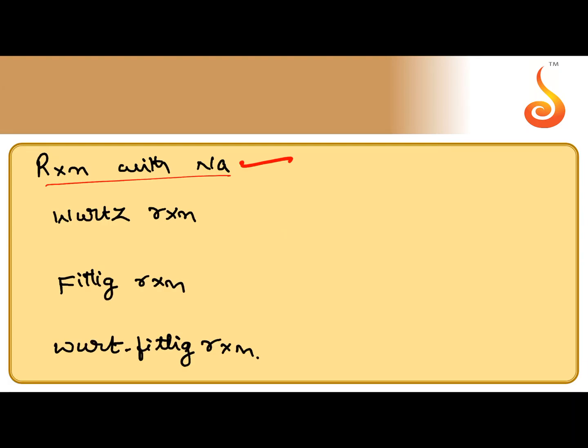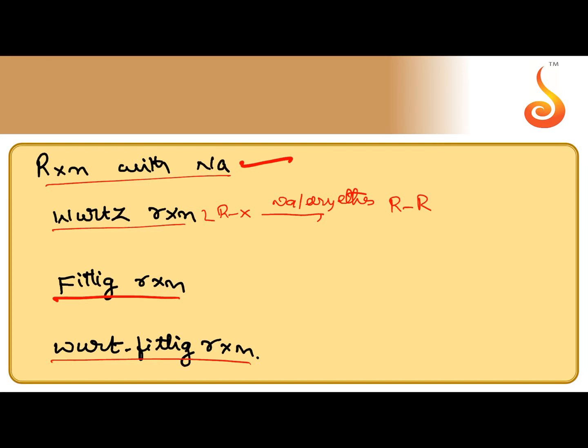Next one, reaction with sodium. Reaction with sodium has 3 types: Wurtz reaction, Fittig reaction, and Wurtz-Fittig reaction. When alkyl halides are reacted with sodium in the presence of dry ether, an alkane is obtained. That is called the Wurtz reaction. If an aryl halide is reacted with sodium in the presence of dry ether, diphenyl is the product.